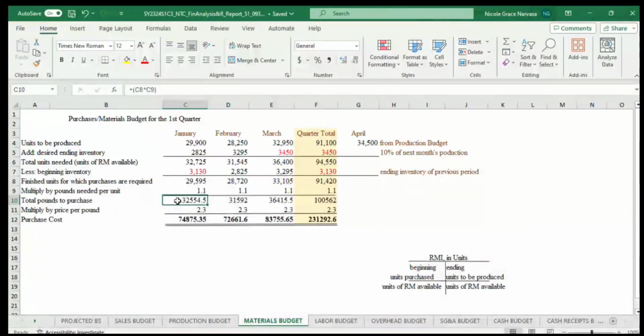And we are going to multiply it again by the price per pound of the raw materials, which is 2.30. After we multiply that, we get the purchase cost of the raw material, which for the month of January is 74,875.35, with a quarter total of 231,292.60.